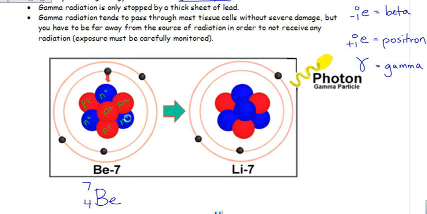Excellent. Then we're going to capture an electron from that 1s orbital. So on the product side, I guess I could write this in as plus electron, negative 1 electron. Here's my product, lithium 7. The mass stays the same. However, I'm taking one of those protons and turning it into a neutron. So this is going to be 3 protons.